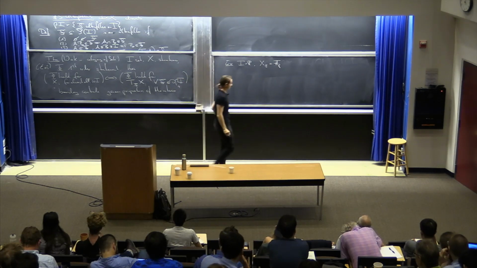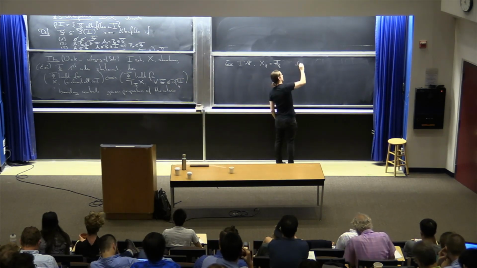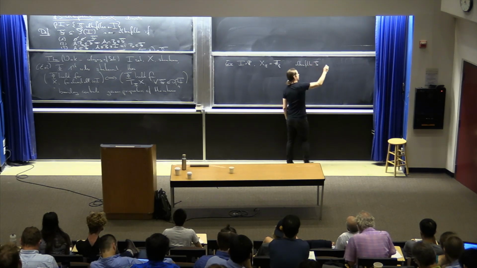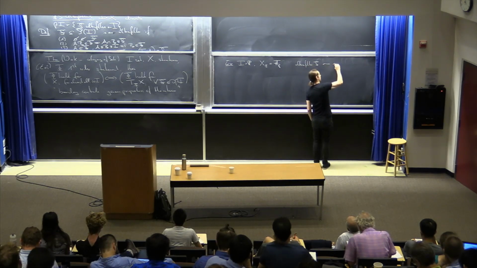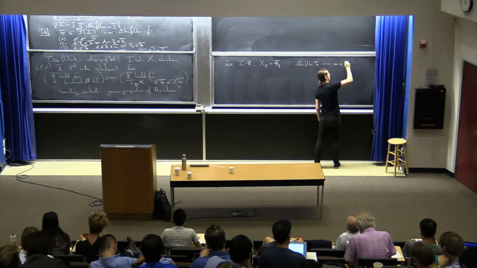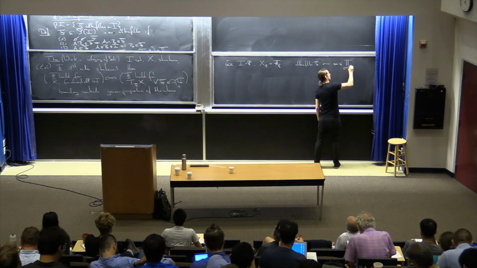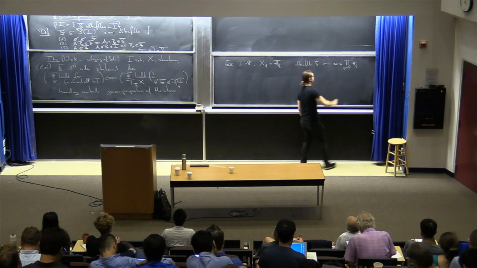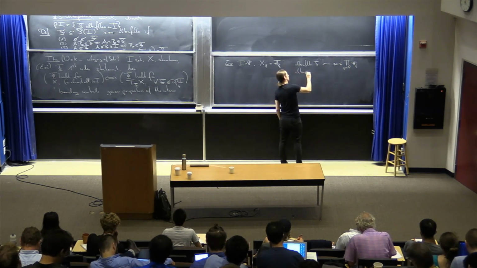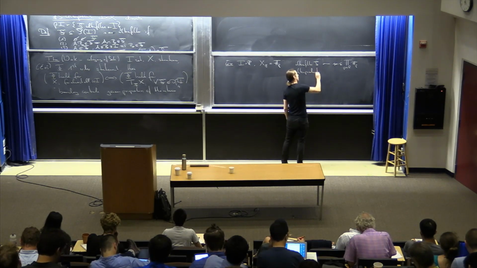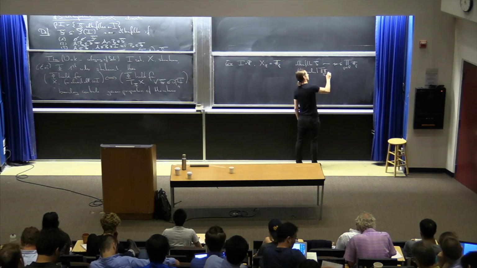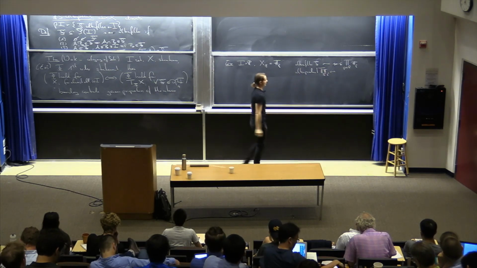Then I claim that an ultrafilter F in this case can be interpreted as something like a maximal ideal in the product of the F_p, and the ultraproduct is the same as the quotient.